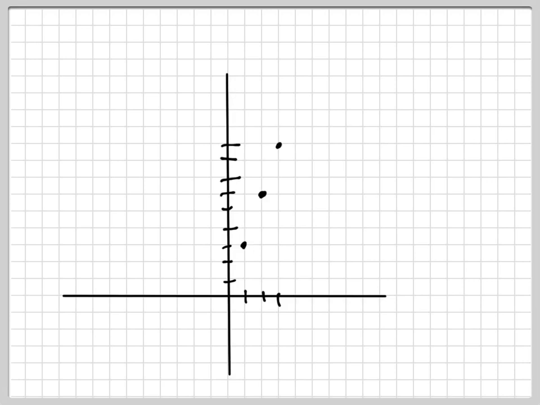There's 3, 9. The other point, the one that I created that was negative, is because I wanted to show that it does go into the negative part of the graph, is -1, -3. Okay, so those are the 4 points. If we were to connect these, what would it look like? Yeah, it's going to look like a line. So feel free to connect those. It's going to look like a line.